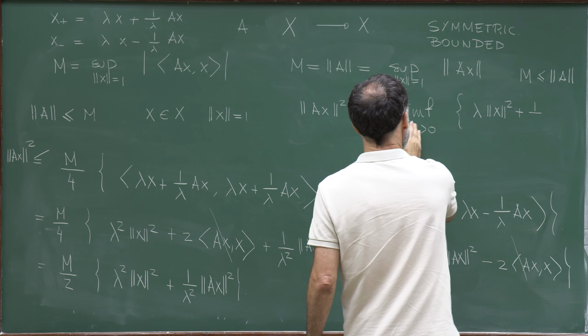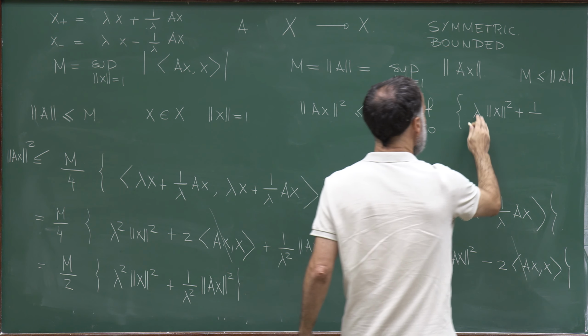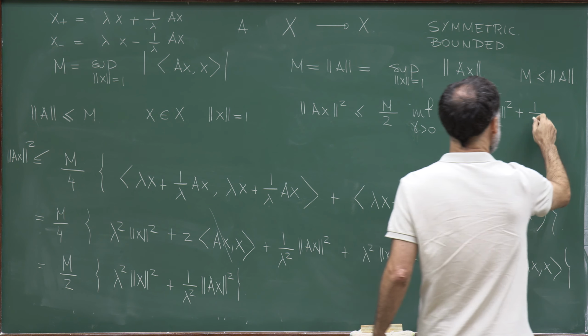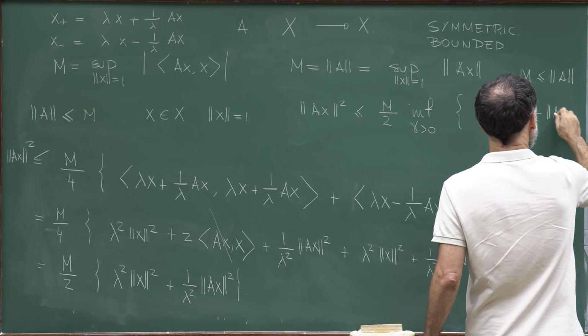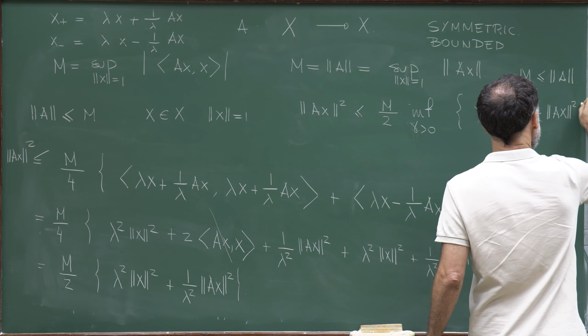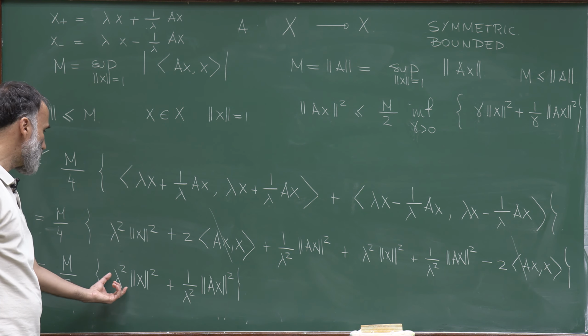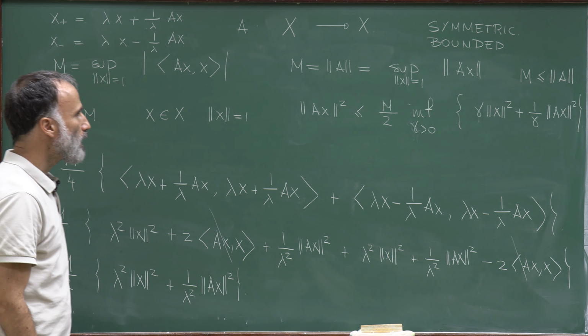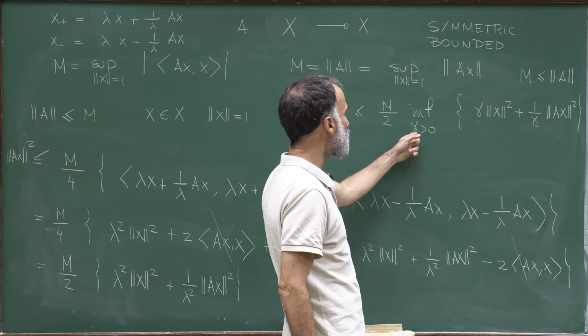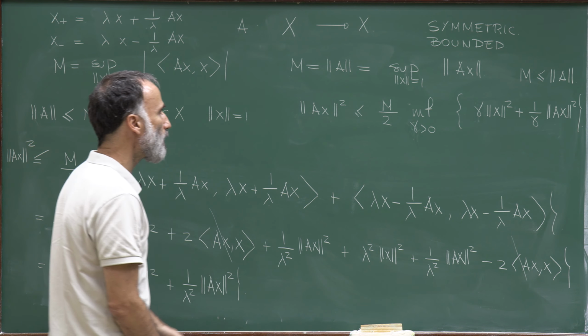So maybe not to confuse, let me call it gamma: gamma x square plus 1 over gamma ax square. I'm just replacing lambda square by gamma, and I'm optimizing that over all positive gamma.